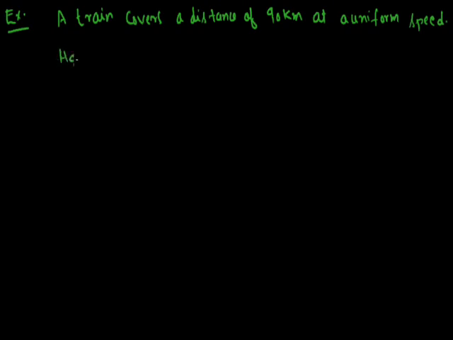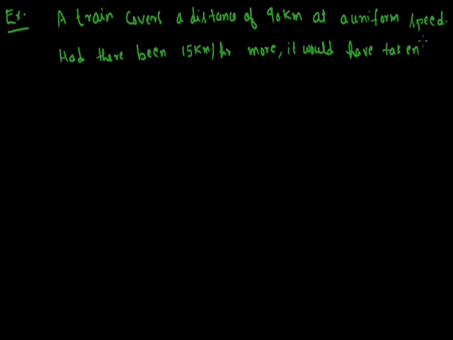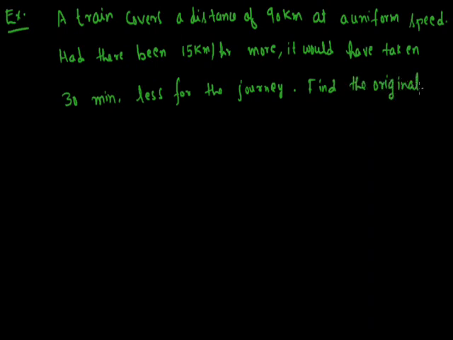Had there been 15 km per hour more, it would have taken 30 minutes less for the journey. Find the original speed of the train.